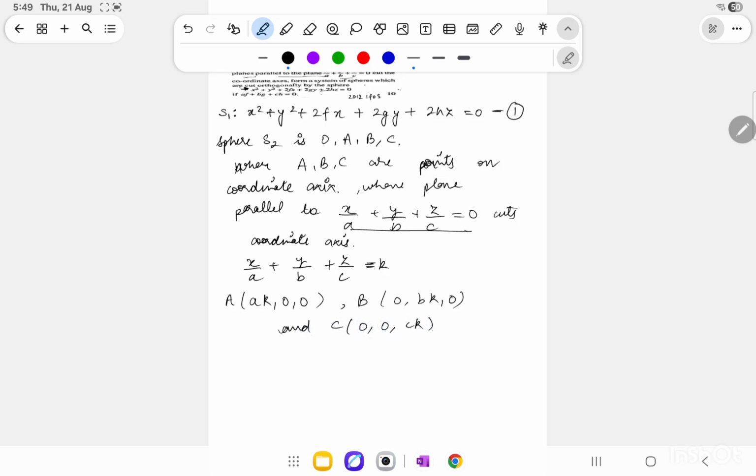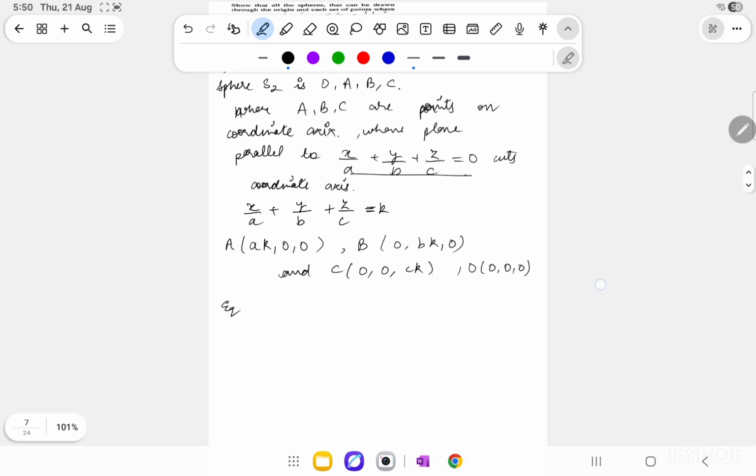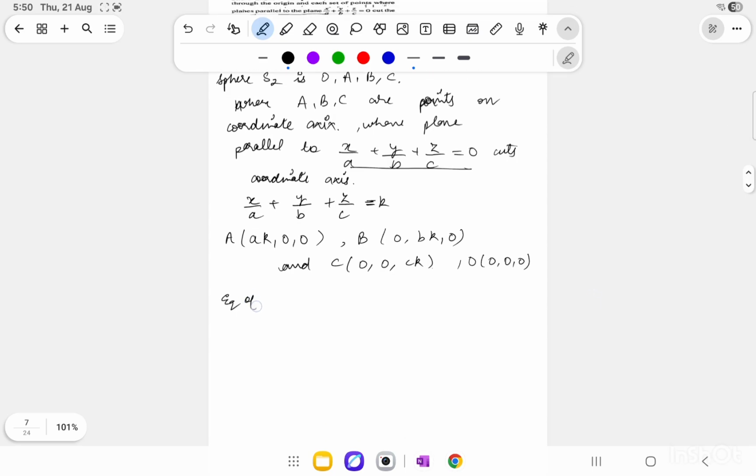So the question says that we have to prove that sphere S1 and sphere S2, which is basically passing via O, A, B, C, cut each other orthogonally if this condition holds. So let us first find the equation of sphere S2.